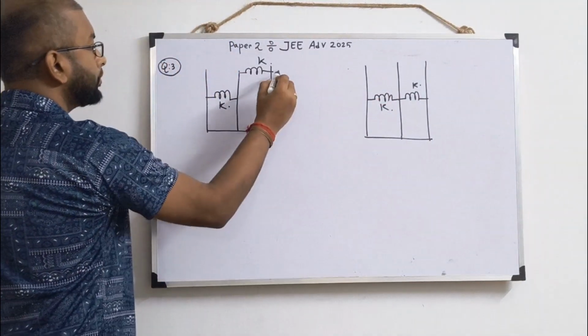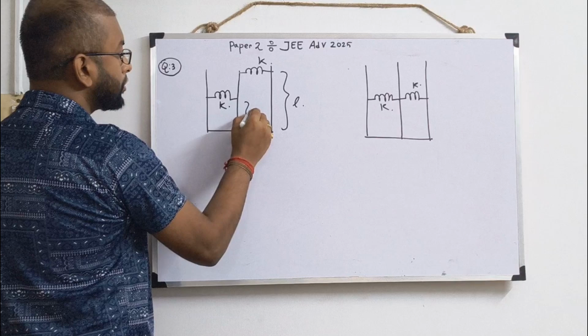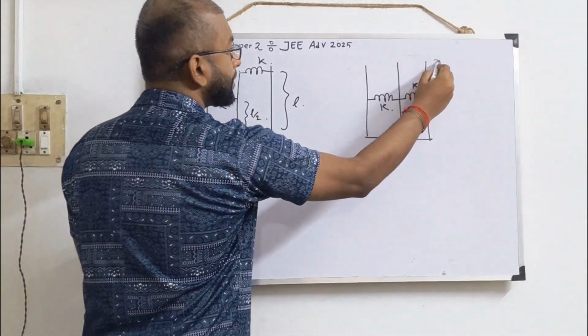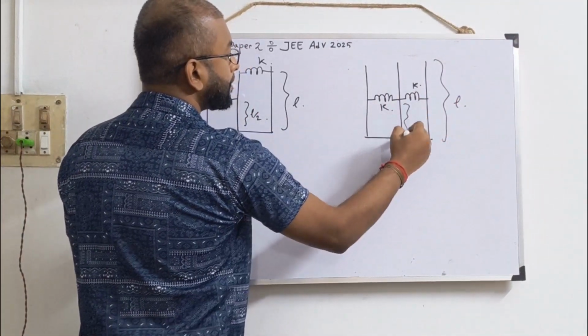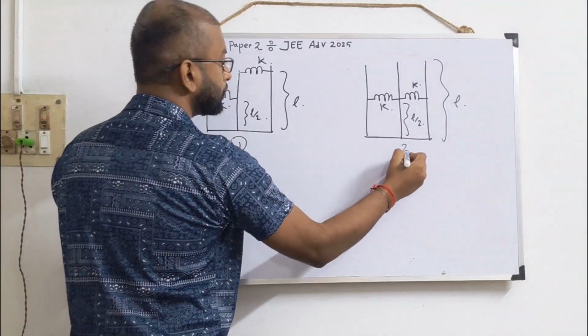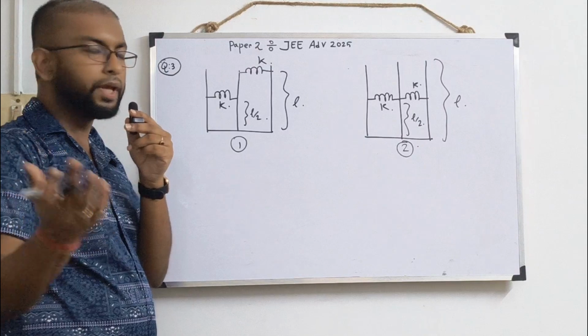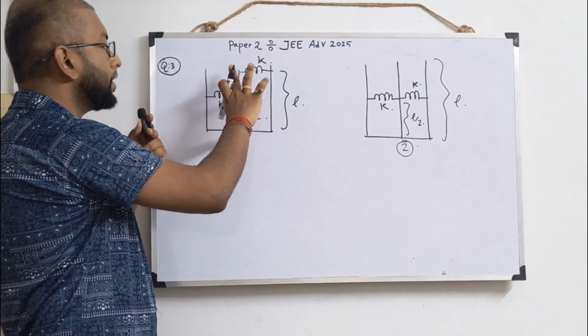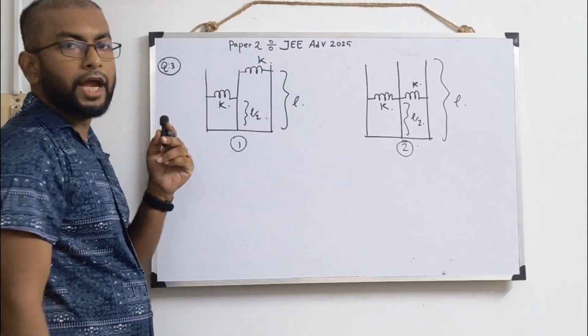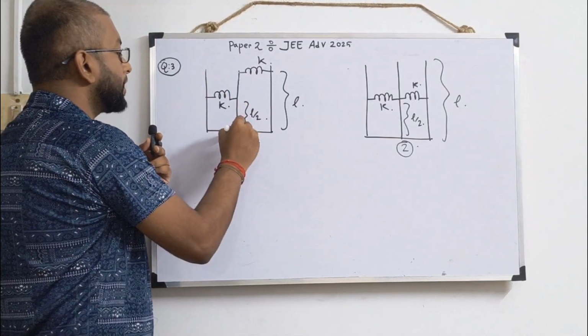Now let us assume the length of the rod to be L, and this is of course L by 2. This is L, this is L by 2. This is figure 1, this is figure 2. Now both the rods are in equilibrium. Now small perturbation is given to the rod, and that perturbation that can be given to this rod is only the angular displacement.